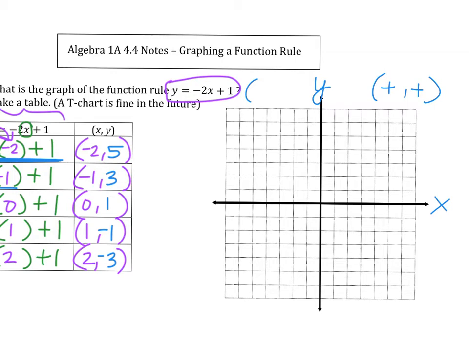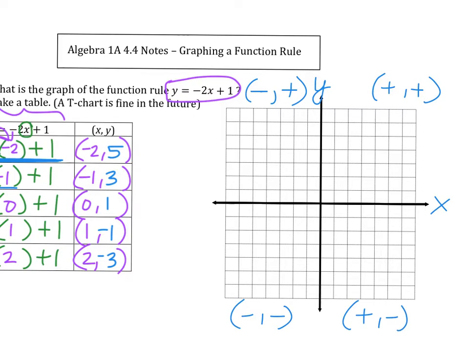Like moving to the left makes it positive or negative? Negative, and then moving up makes it positive, okay? Third quadrant is going to be negative, negative. Fourth quadrant is going to be positive, negative, okay?